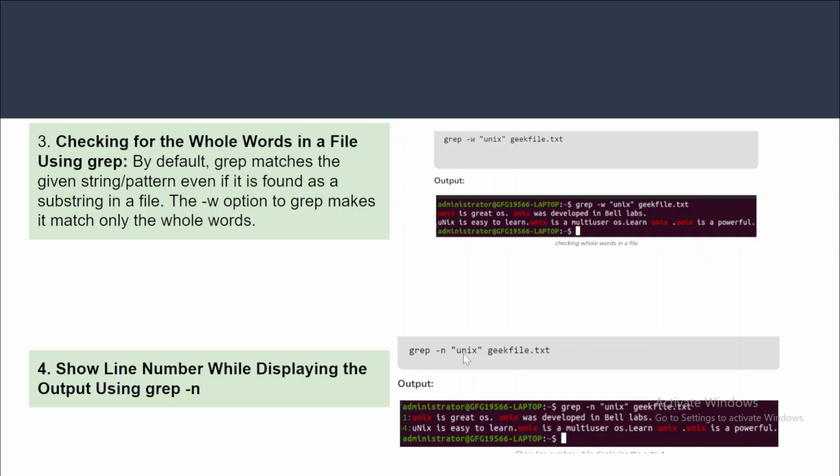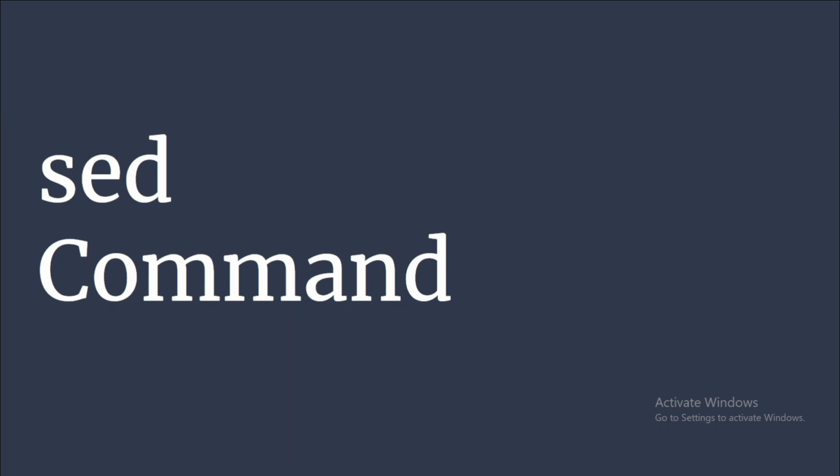Okay, so in line 1 and line 4 we have the exact match of this pattern, so we are also getting the line number. So using the -n option you can print the line number for each matching line. Okay, so these are the 4 features you can explore with the grep command. Now coming to the sed command.